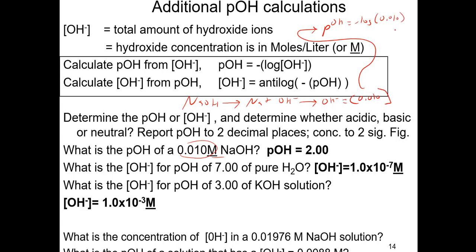0.010. And you can either use the shortcut if it's just a 1, excuse me, let me say that again. If it's a molarity with a value of 1, then we can turn this into scientific notation. And that's 1 times 10 to the negative 2.